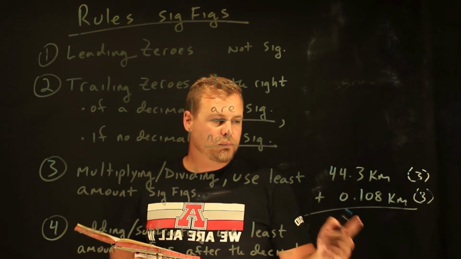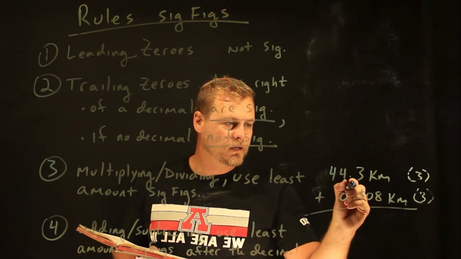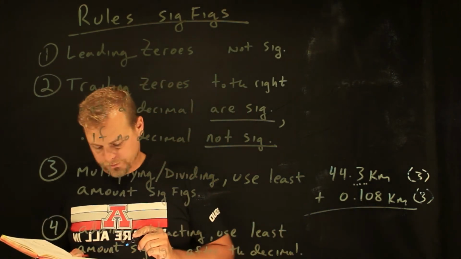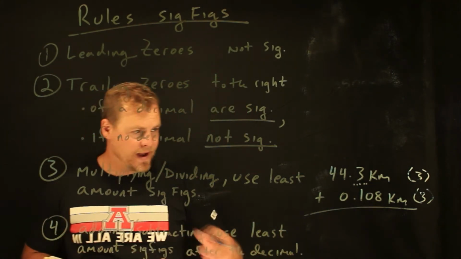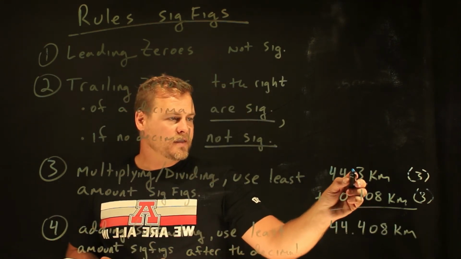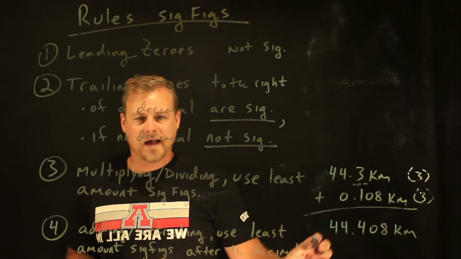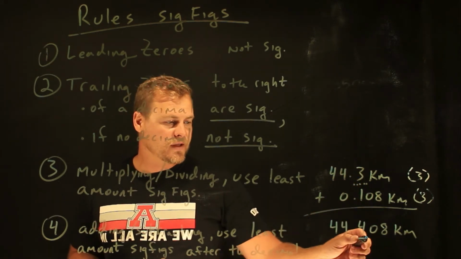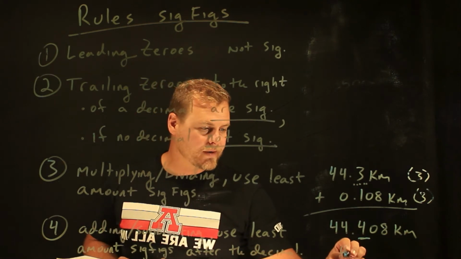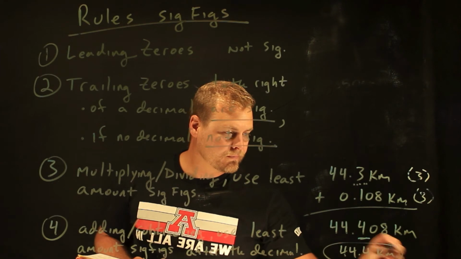But you're going to report your answer with 1 sig fig after the decimal. So when you add these things up, I need to keep this last 1 sig fig after the decimal, and that's where it's going to stop. So I would report my number as 44.4 kilometers.